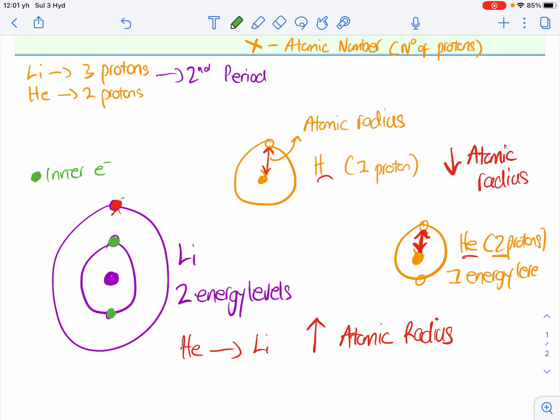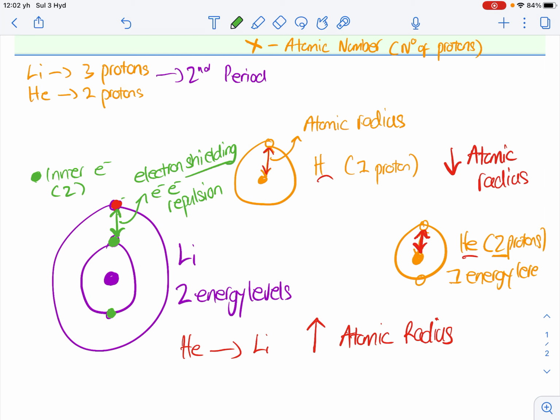So the more electrons we add, we also get what's called electron shielding, or electron to electron repulsion. In other words, those electrons, because they have the same charge, push each other away. And so because they push each other away, the valence electron ends up being further and further away from the nucleus.